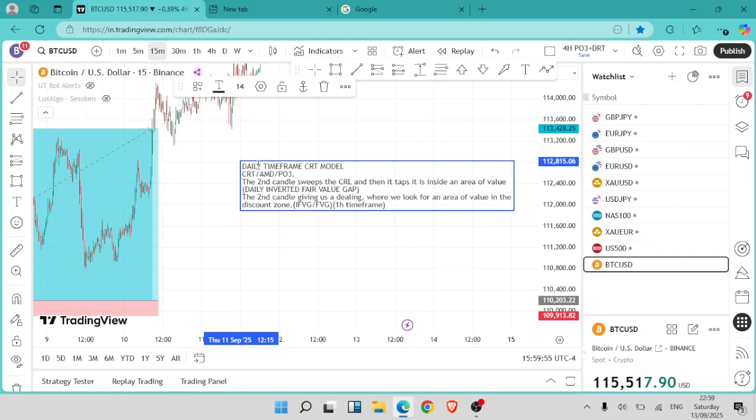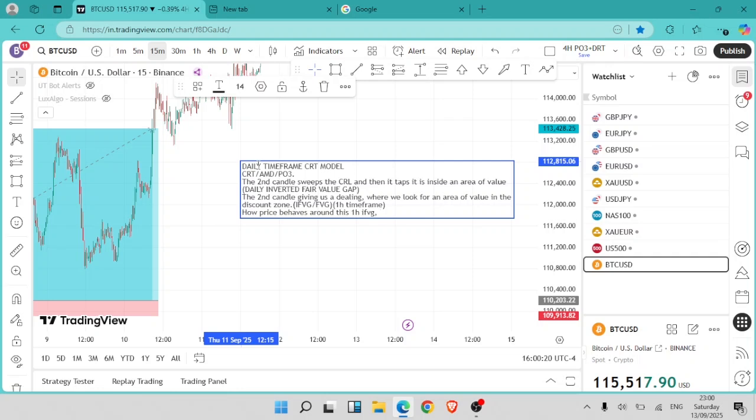So the next thing you want to look at is how price behaves around this 1 hour IFVG.